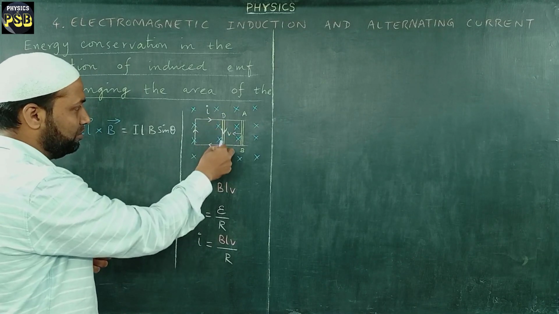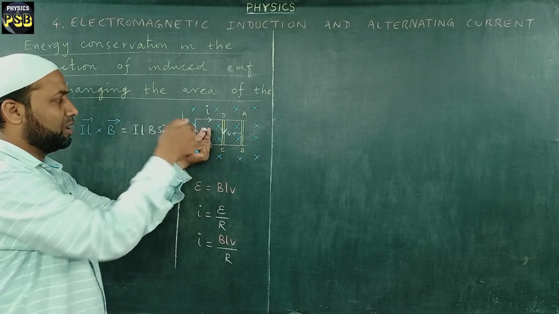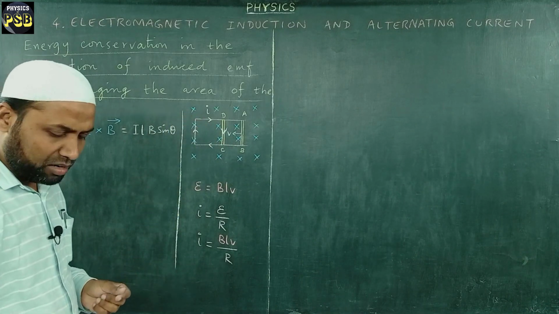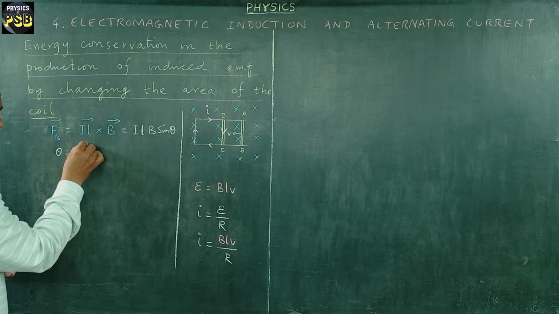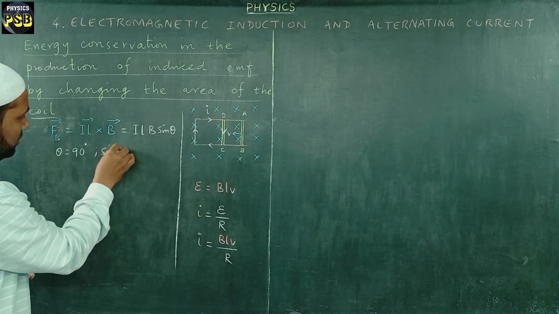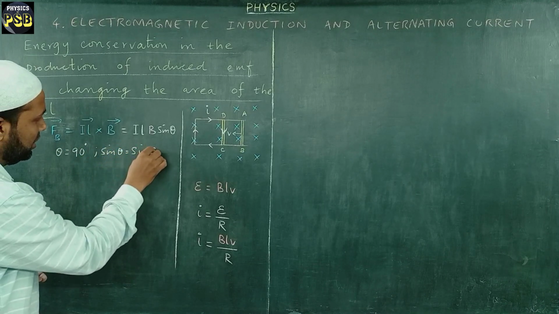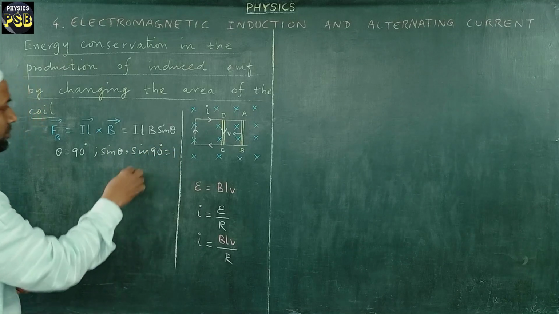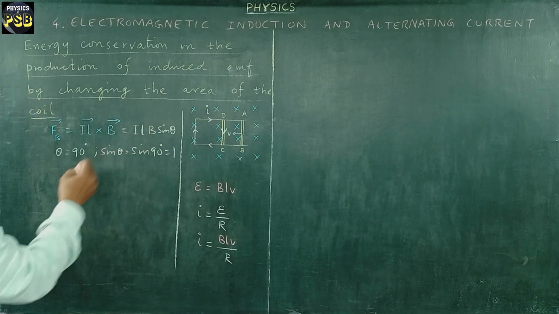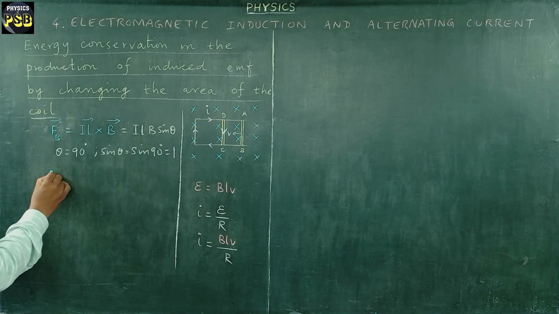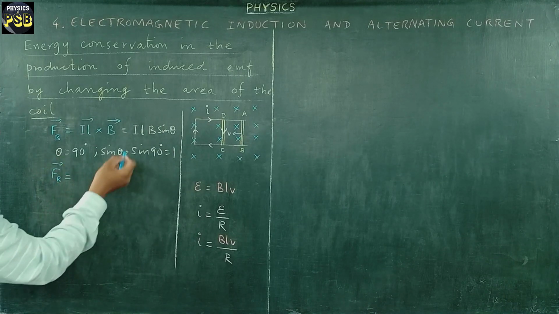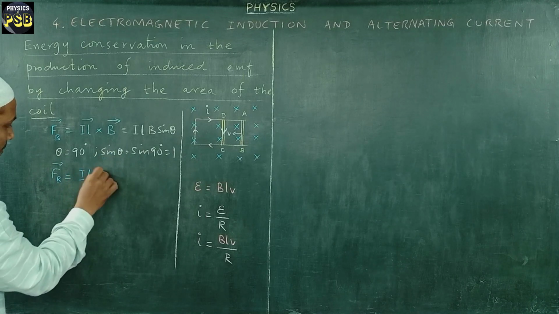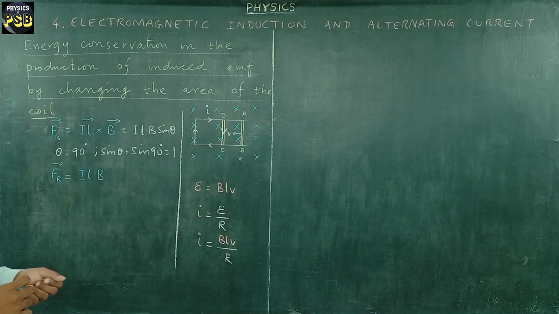So the angle theta is 90 degrees, and sin of 90 is equal to 1. Substituting this, the magnetic force is found to be equal to ILB.